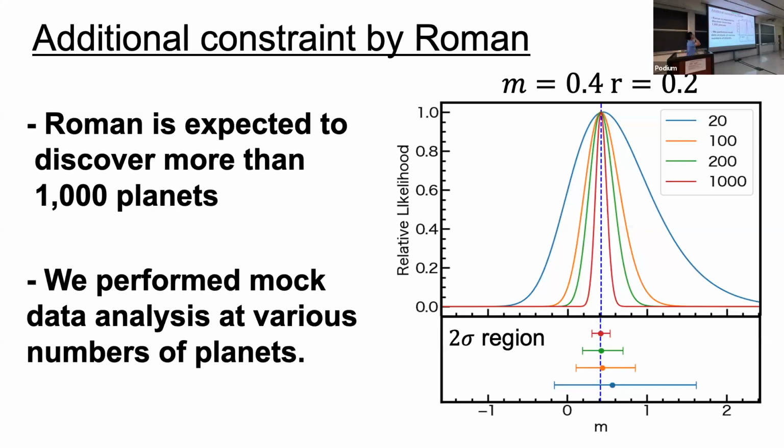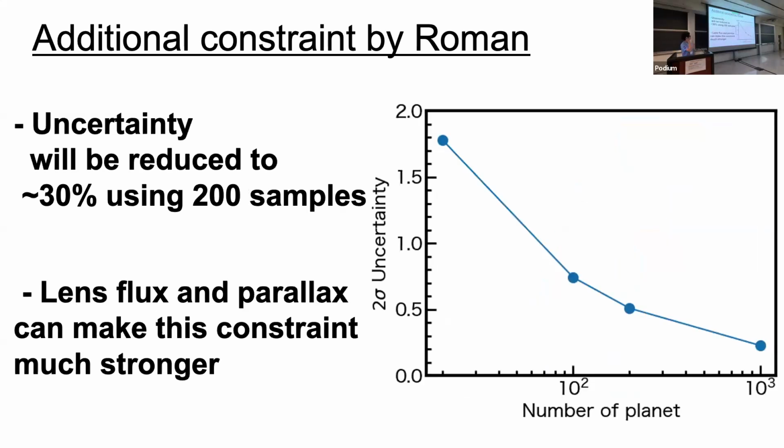And this right figure shows the one-dimensional distribution of small m value for various numbers of planets. And this figure shows the relationship between the number of planets versus uncertainty. We can estimate that the uncertainty will be reduced to around 30% if we use the 2000 planet sample.